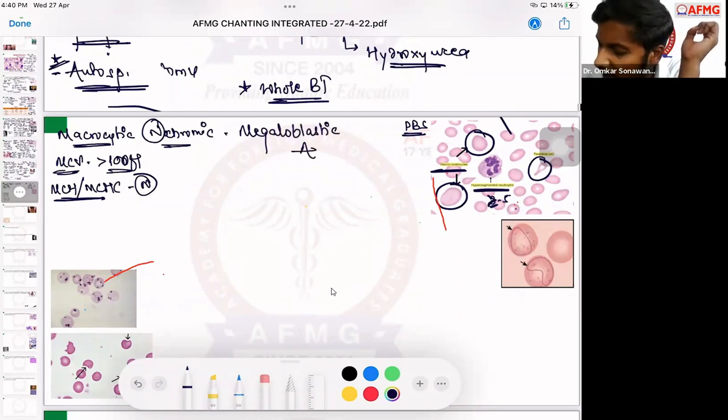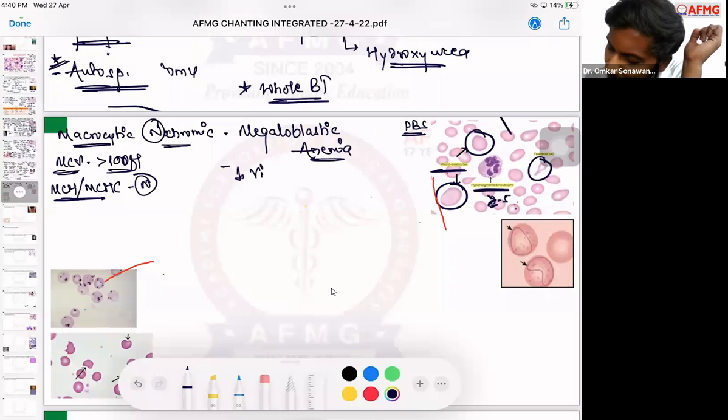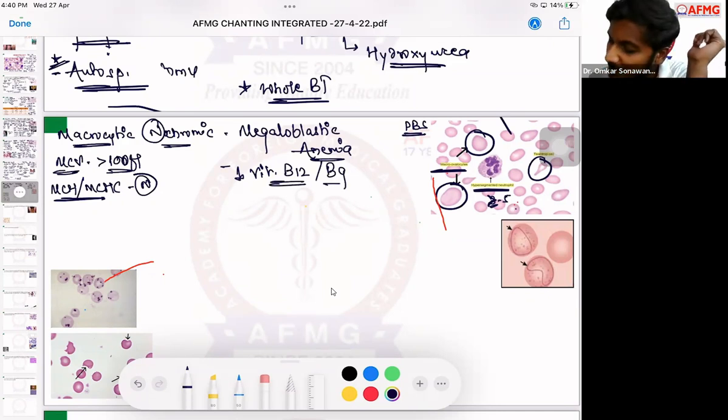And megaloblastic anemia, as I hope all of you are quite aware, is due to deficiency of 2 vitamins: vitamin B12, that is cobalamin, and vitamin B9, that is folate or folic acid. No issues with this. Now, vitamin B12 or B9 deficiencies can definitely be due to malabsorption syndrome.